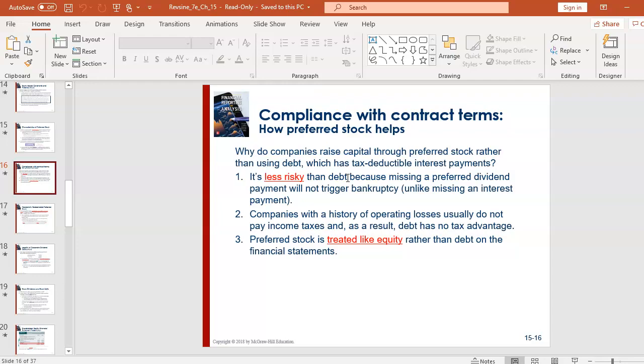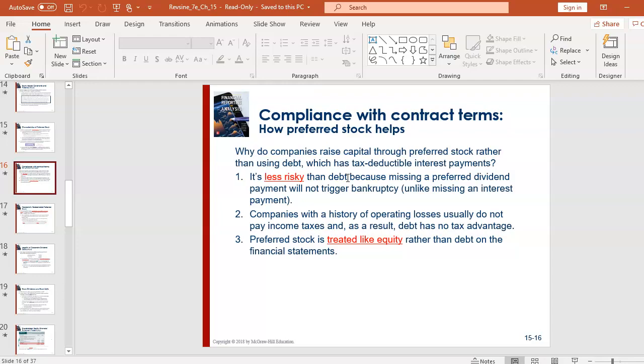If you have preferred stocks and you don't pay a dividend, that will not trigger a bankruptcy proceeding. So generally, a company can forego dividends for a few years and not worry about lawsuits and bankruptcies.